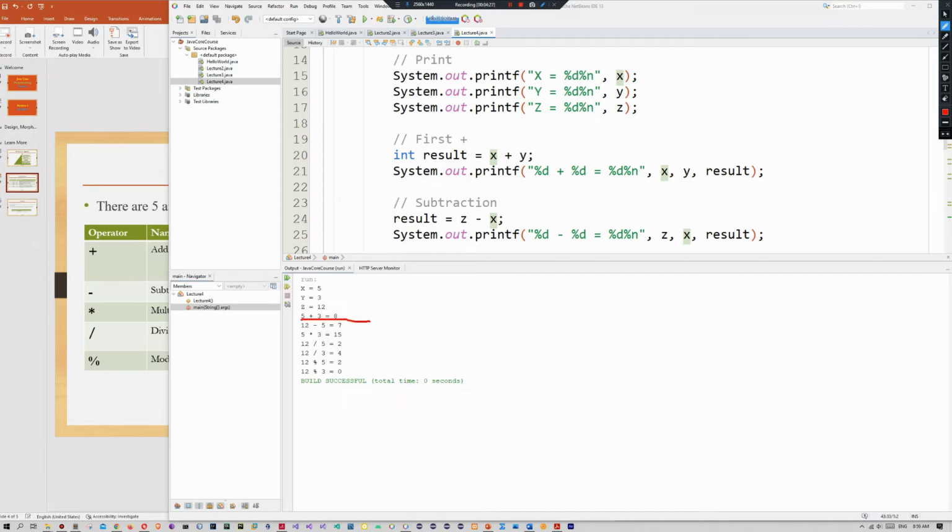Okay, next we subtracted x from z, that is 12 minus 5, which is 7. This is our result. Okay, next.